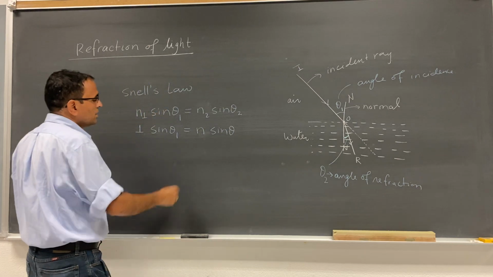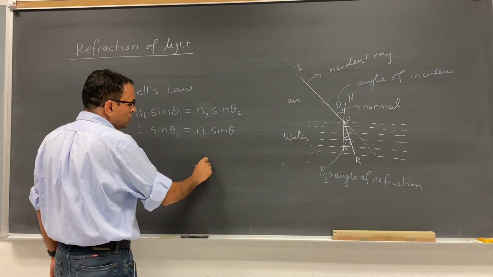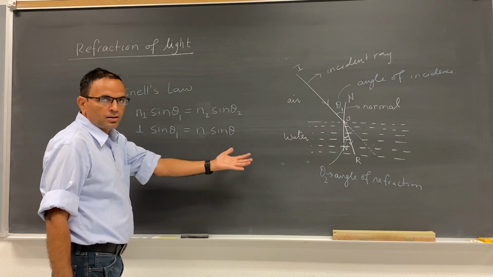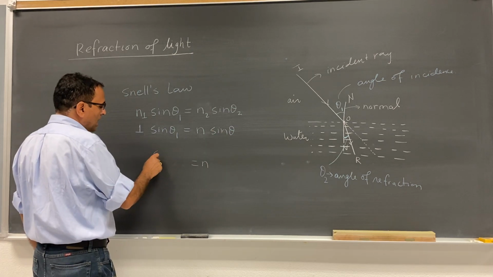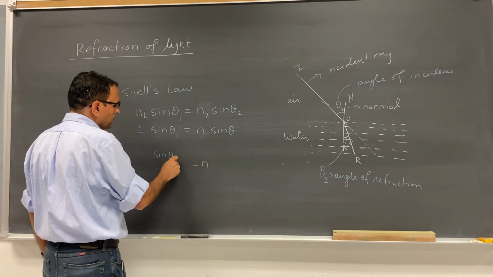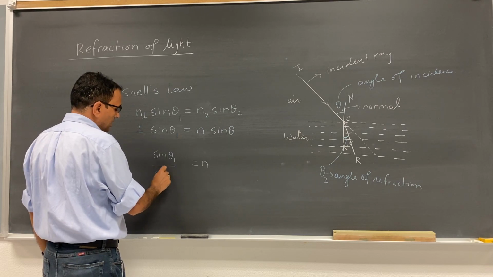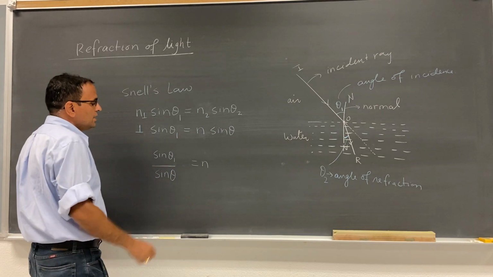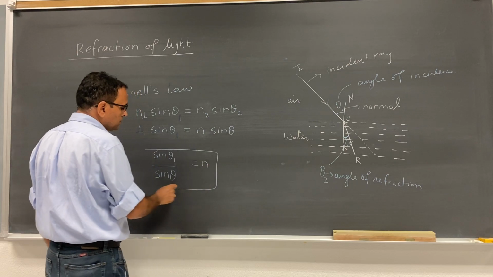So from here, what is N, the index of refraction of water? N is sine theta 1 divided by sine theta 2. This formula gives you the index of refraction of water.